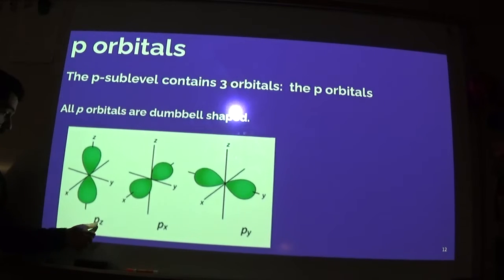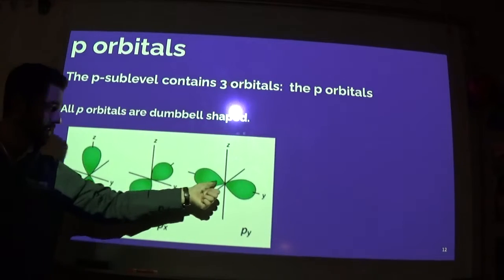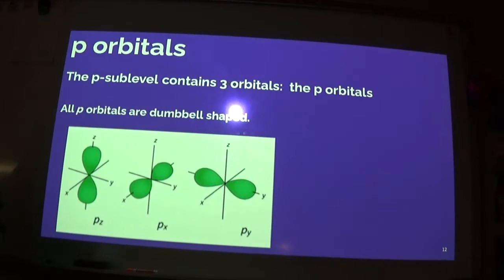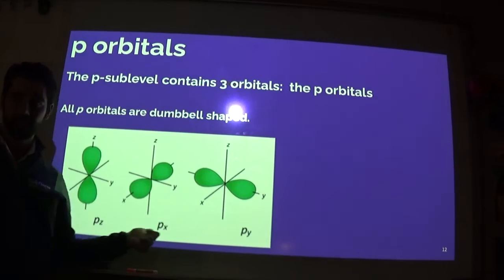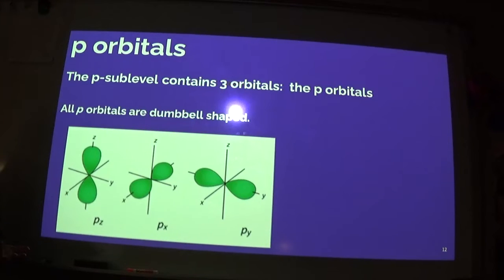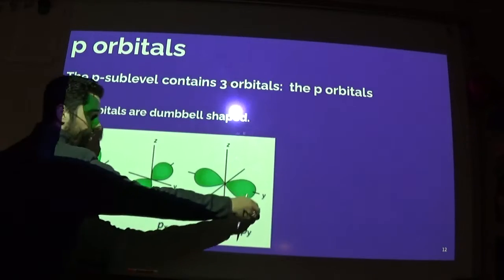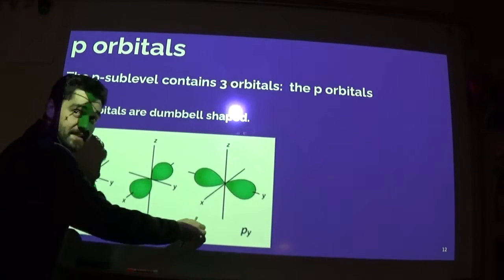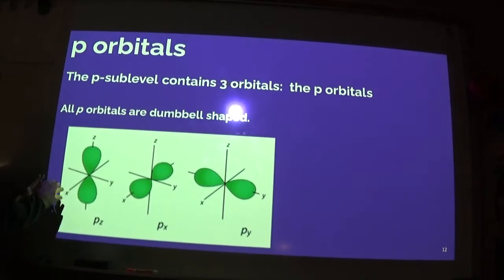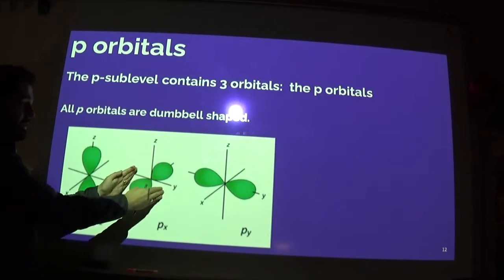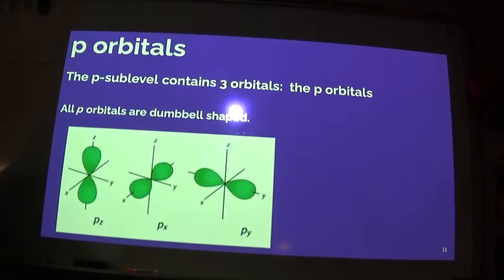Technically you can further label them as to how they're oriented, but you don't need to worry about that. Just call them p, and just know that there are 3 of them. They are all perpendicular to each other. So this whole thing represents a p subshell, and within that subshell I have 3 p orbitals where electrons can be.